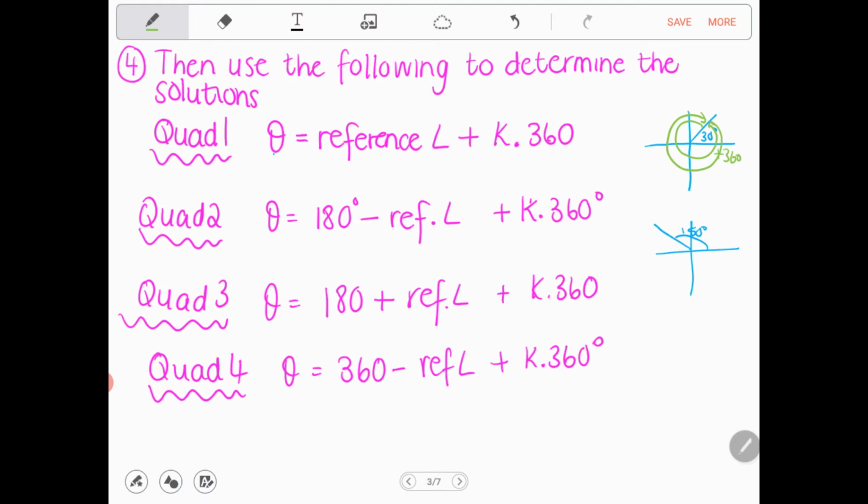If I took the 150 degrees and added 360 degrees, I end up in exactly the same place. So this k lots of 360 is like when we're reducing angles and they're too big, we can add and subtract 360 and it doesn't affect where the terminal arm is. And that's all this little part at the end is doing, this k lots of 360.